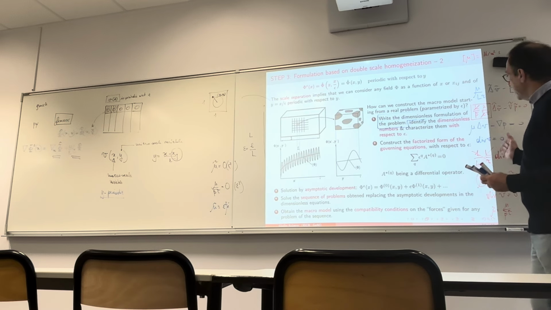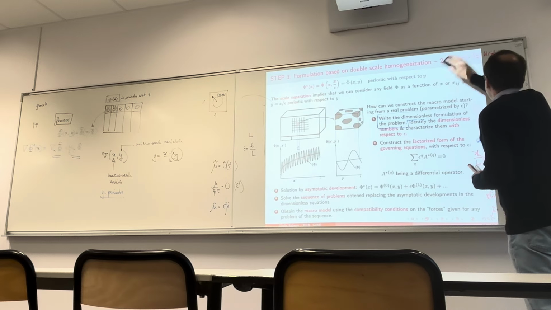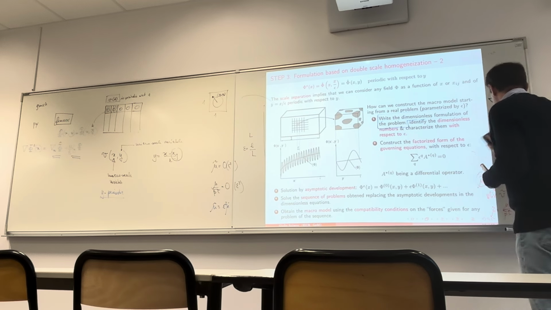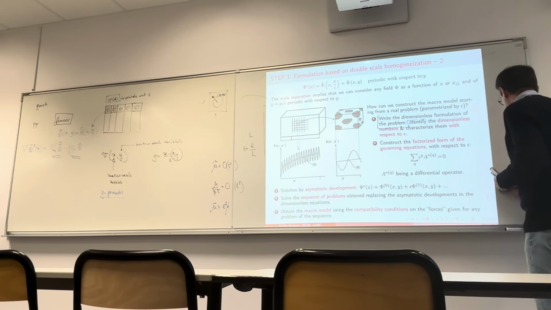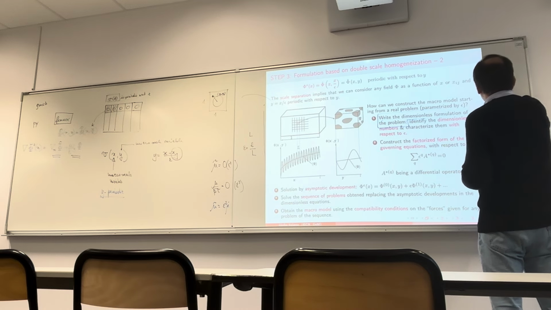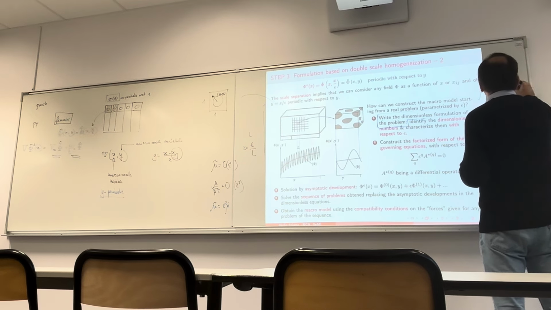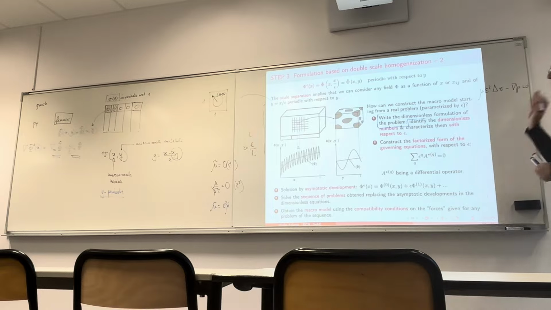So our governing equation now, in the end, reads like that: mu epsilon square Laplacian of v minus gradient of p equals 0, where I eliminated now all the tildes, because I should stay in the domain where everything is with a tilde.